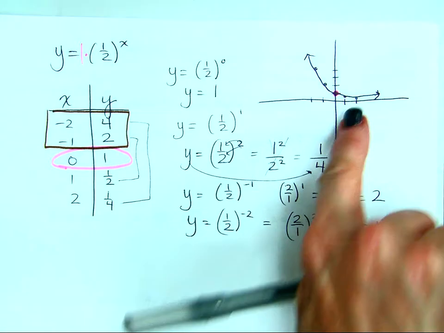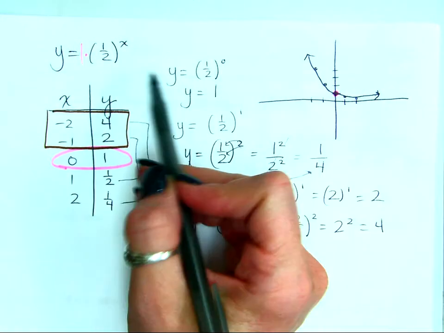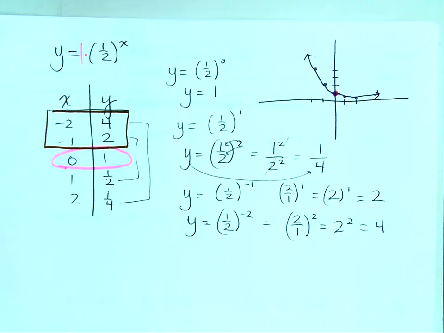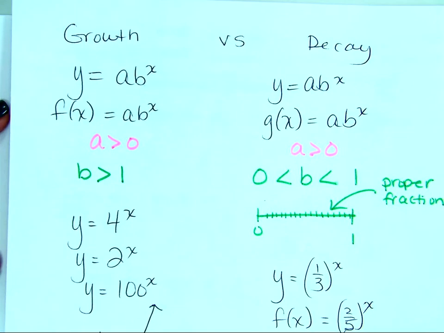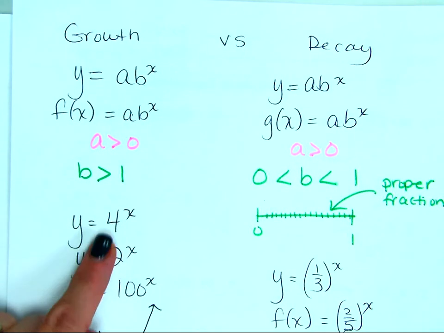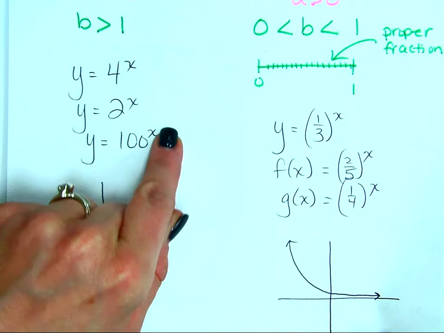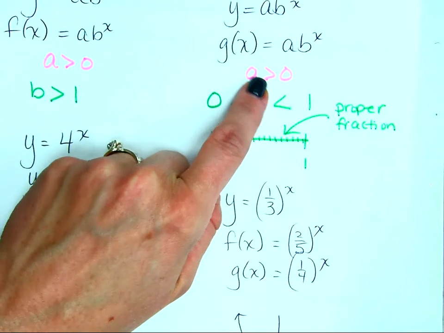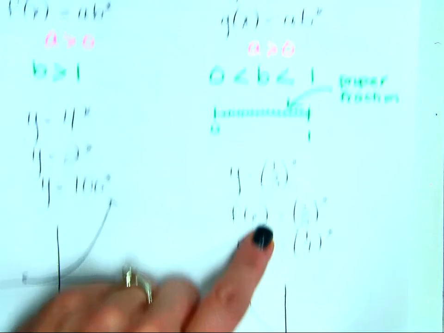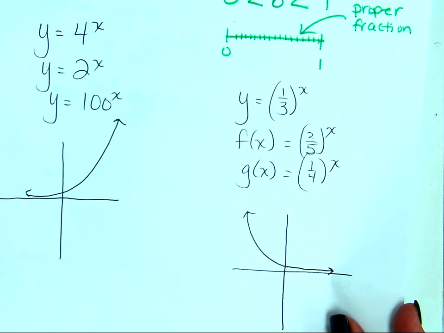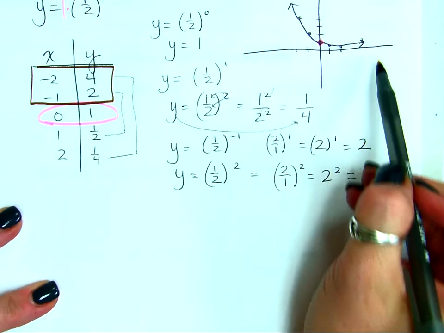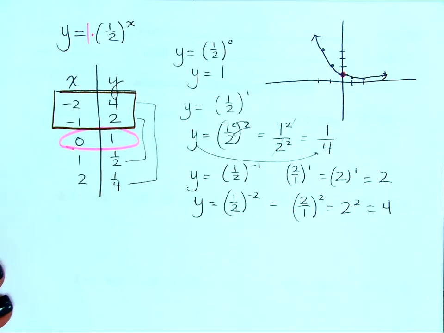And I know that it's going to be a decay because going back to my original explanation of growth versus decay, when b is greater than 1, there's growth. When b is between 0 and 1, like a fraction, there's decay. So should you be surprised that your graph turned out to go this way? No, because that was 1/2.